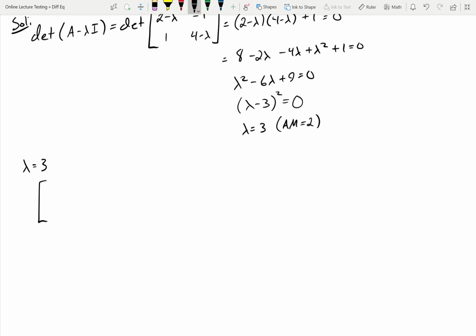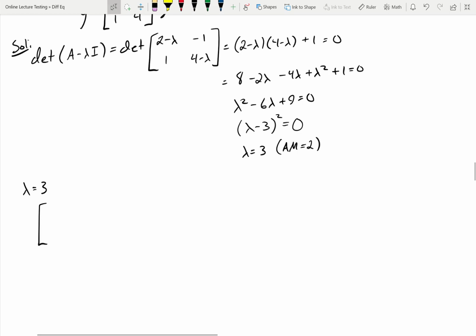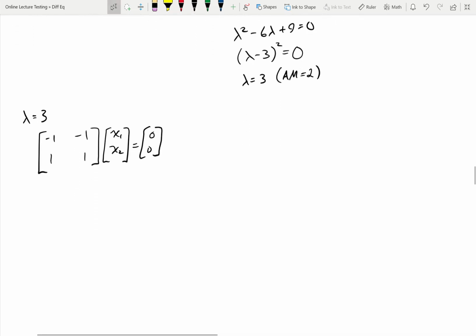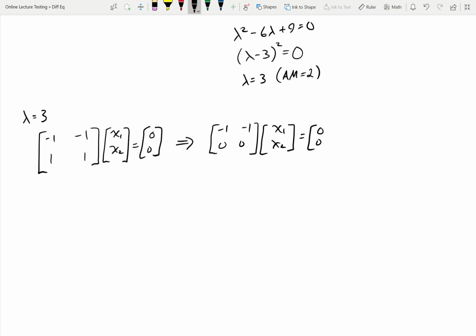All right, so when we plug it into our lambdas, we're going to get negative 1, 1, 1, negative 1, and x1 and x2 here. Okay, well, this is equivalent to saying, since this is just a negative difference, negative 1, 1, 0, 0, x1, x2, equals 0, 0.